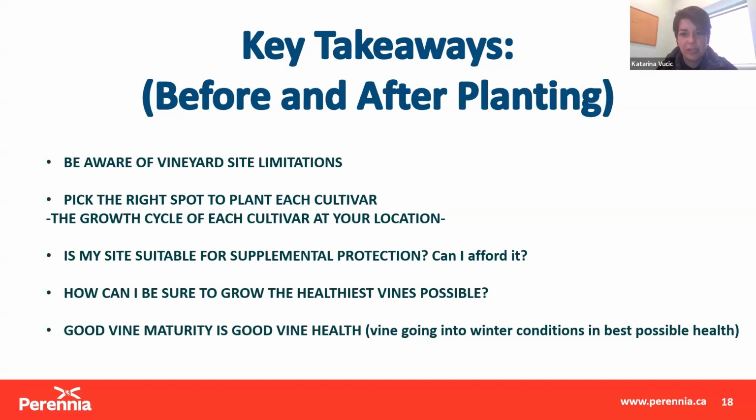How can you better protect now that we know what's going to happen, especially for your own specific sites, where those problems are occurring and where they're most prevalent? Are my sites suitable for these protection methods and can I afford them? So again, it all comes down to your personal site and your personal situation. And the best way that you can come through this and grow the healthiest plants, because healthy in, healthier out.